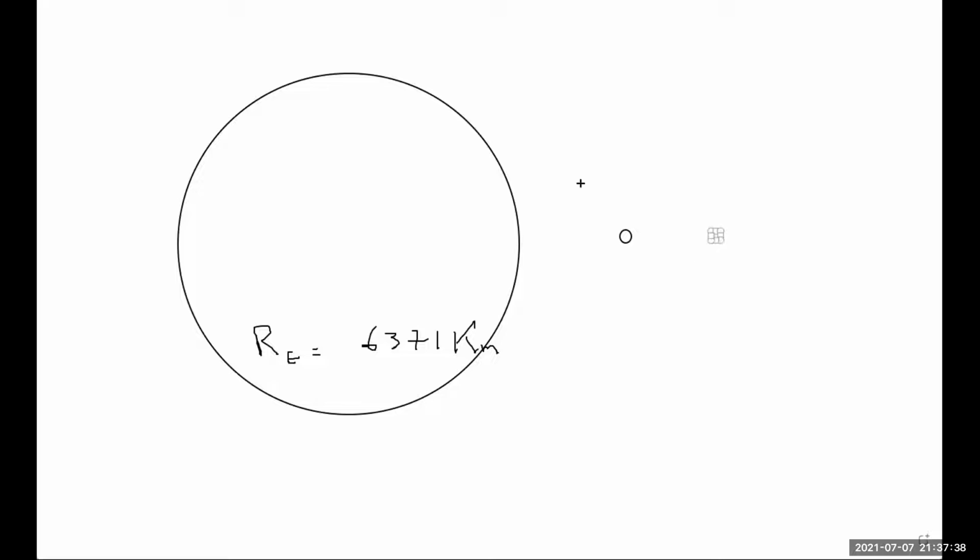Okay, so imagine the mass of this is 1 solar mass, 1 mass of sun. This is the Earth, so that's 1 mass of Earth. And then this one is 1 mass of sun.